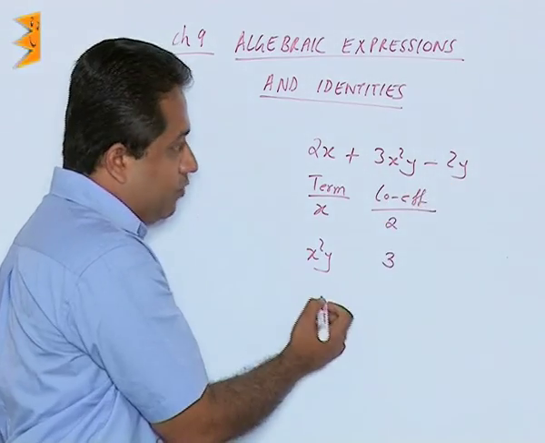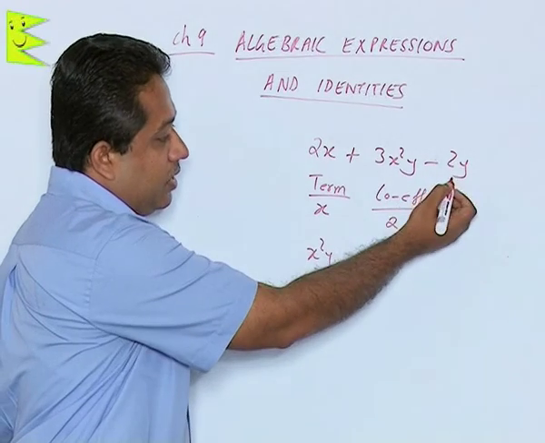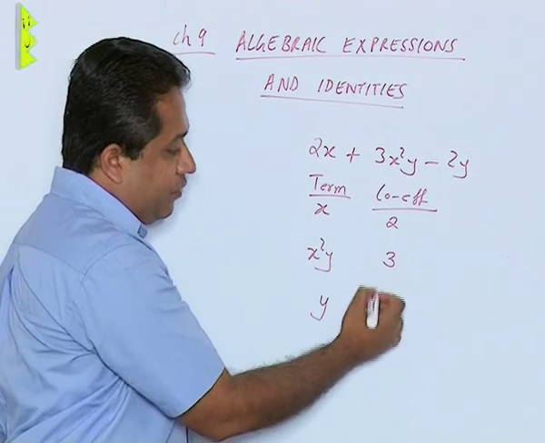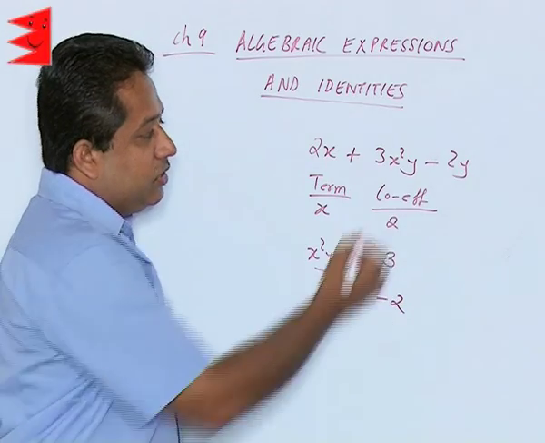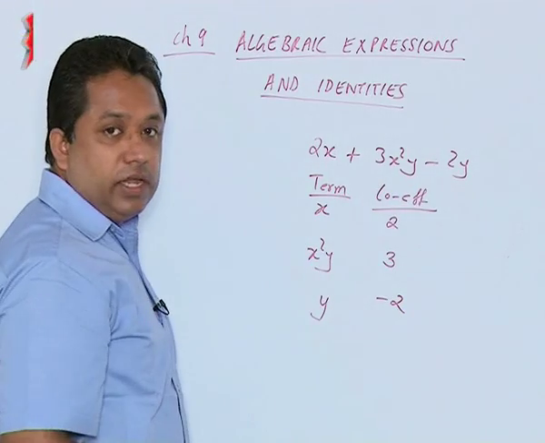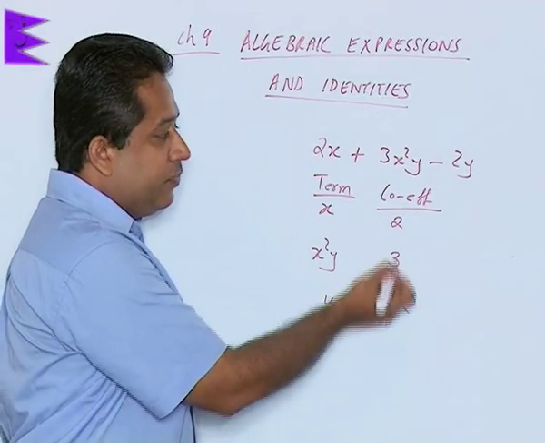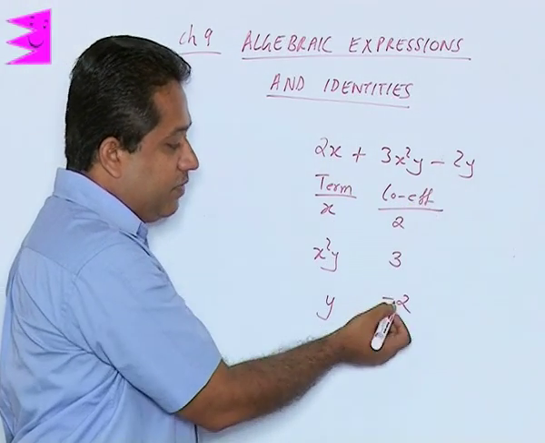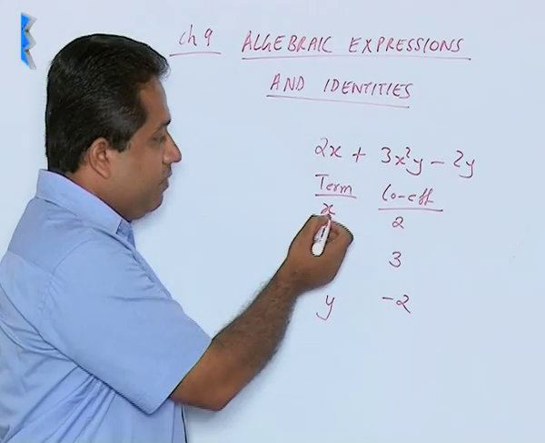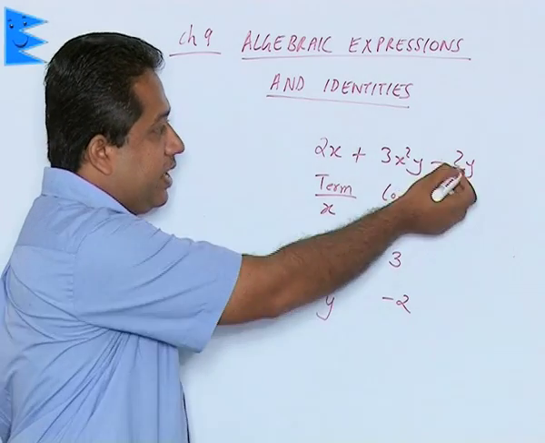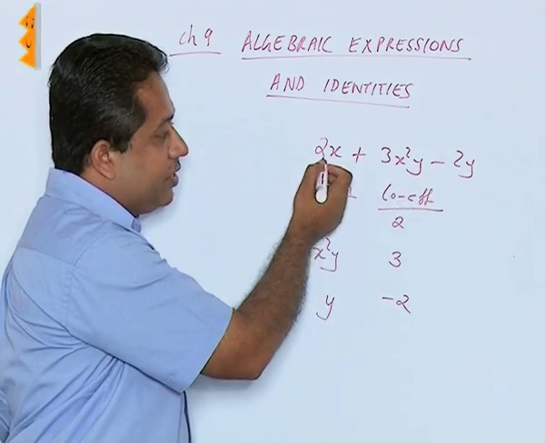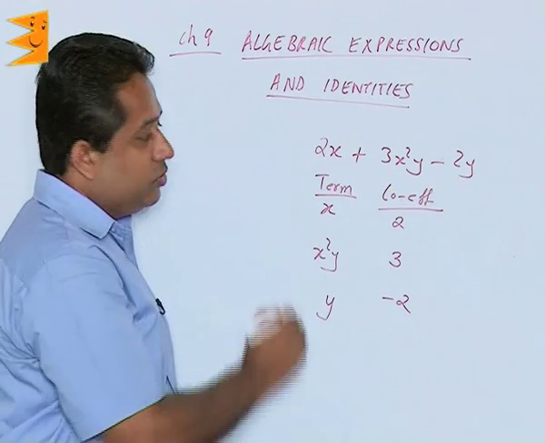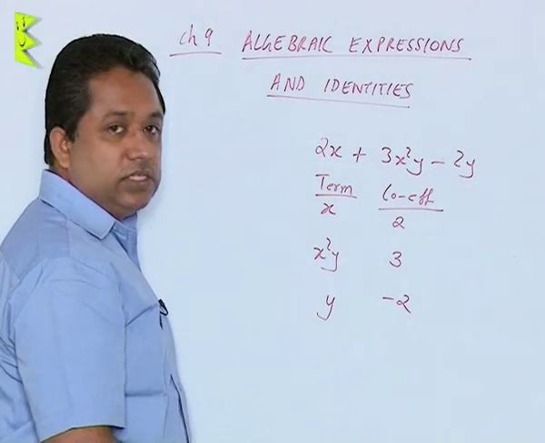In this case, the term is y and the coefficient is minus 2. The sign is also written here, we cannot neglect the sign. So, in two cases we are having positive coefficients and in one case we are having a negative coefficient. So, we have x, x square y and y as the terms and the coefficients as 2, 3 and minus 2. So, we can identify the terms and coefficients easily.